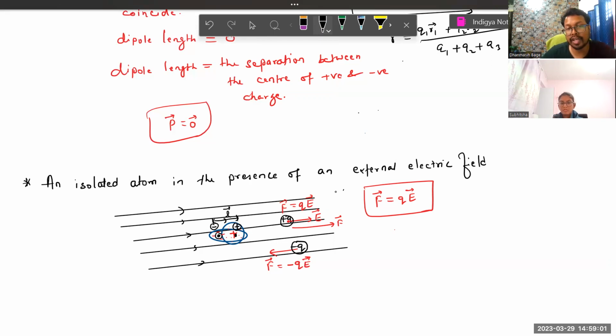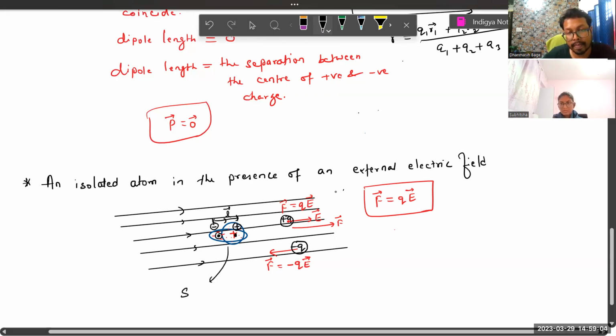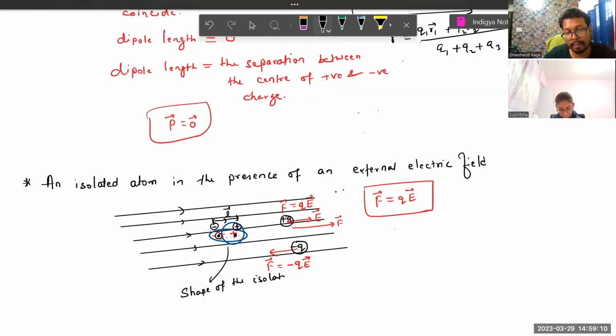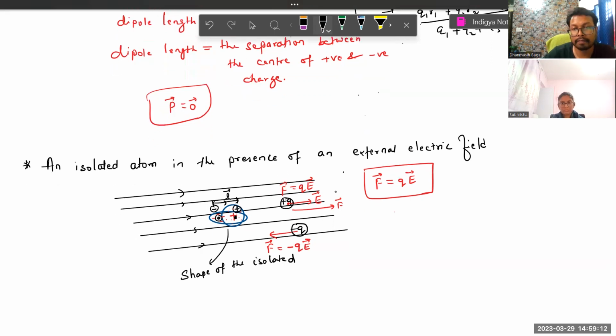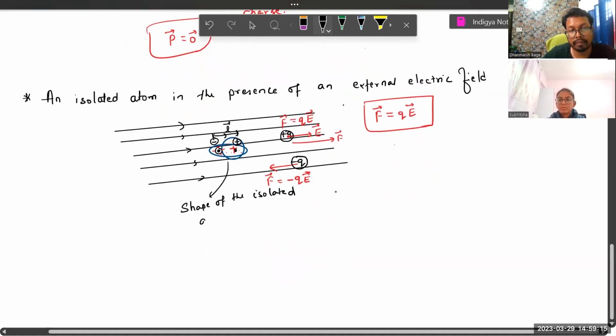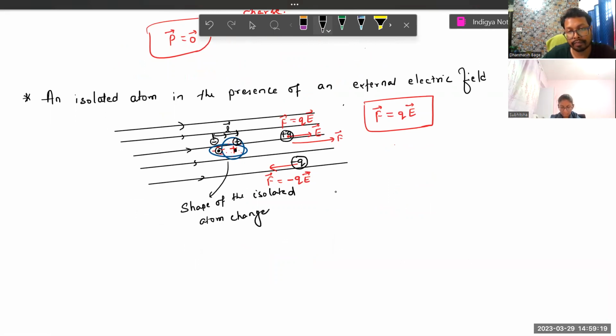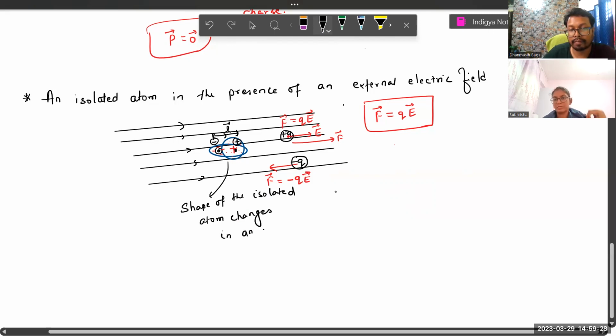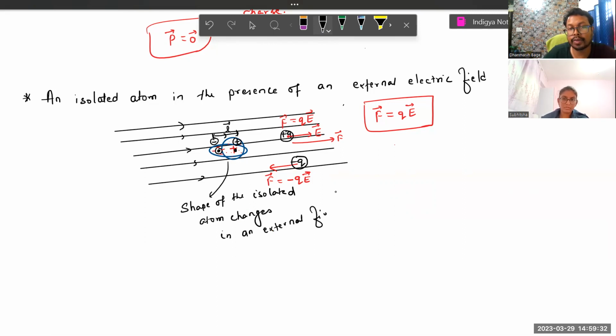It means the shape of the isolated atom changes because of the external field, right? In an external field. This much you understood.